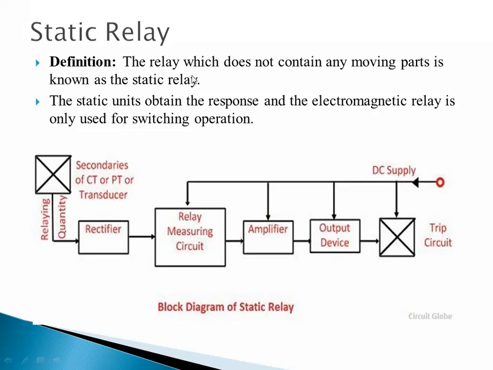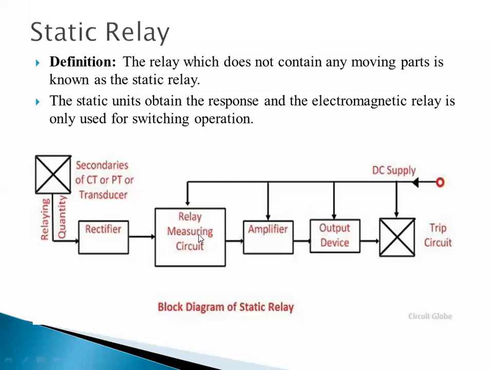There may be any type of actuating quantity, that may be voltage, that may be current, that may be frequency. So any quantity can be there, but if that quantity exceeds the pickup value, then only your relay actuates, means your relay starts operating. This means that there is a fault.